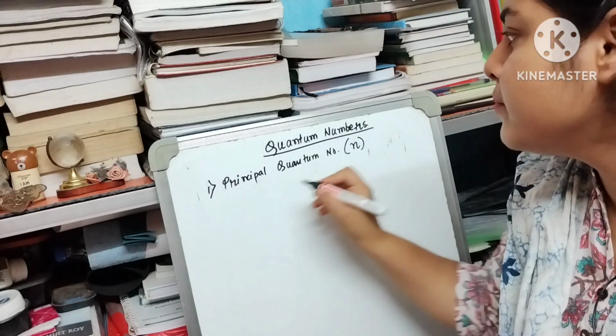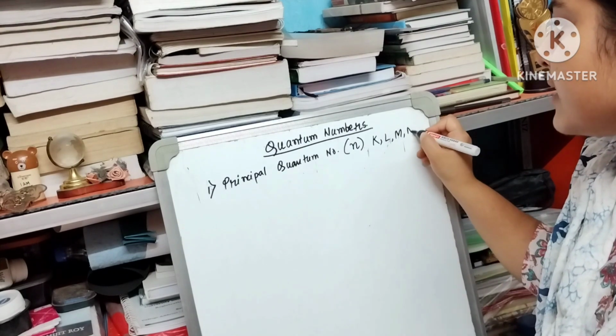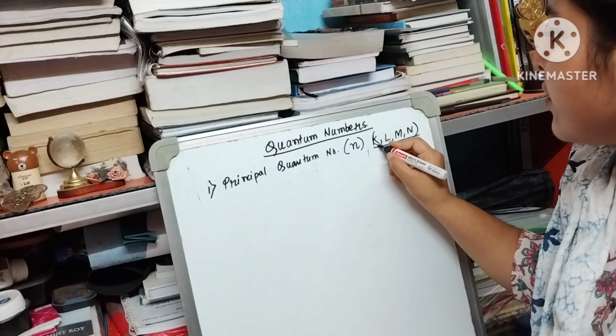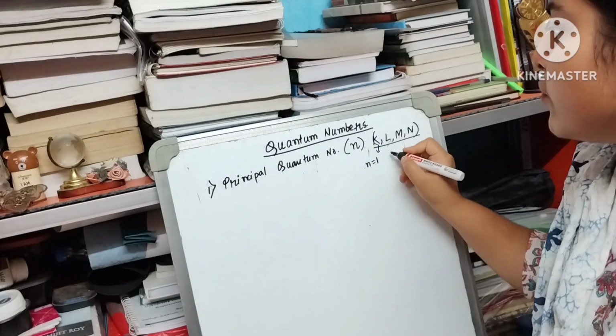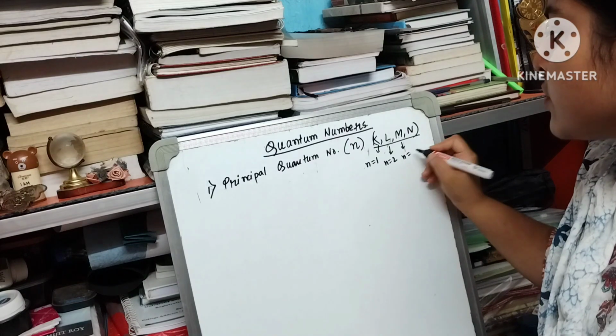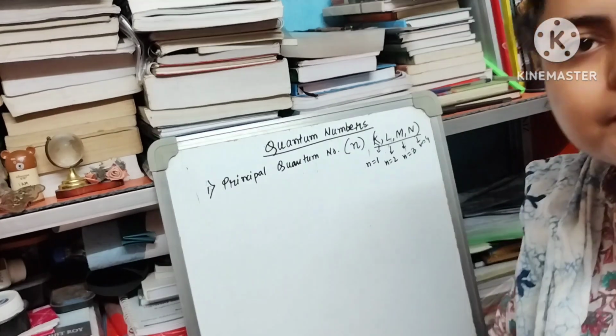The major shells you have known as K, L, M, N represent the principal quantum number. For K, n is equal to 1. For L, n is equal to 2. For M, n is equal to 3, and so on.